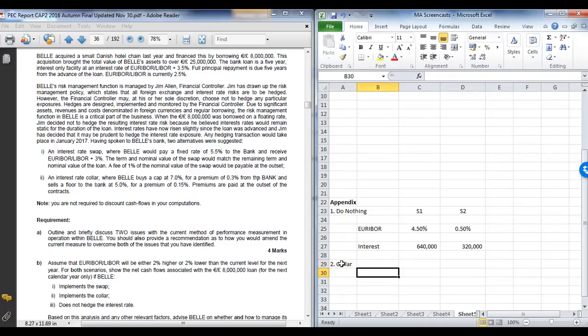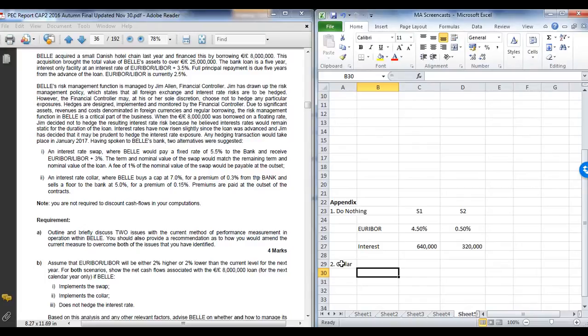So the interest rate collar, remember what a collar is. A collar is essentially a combination of a cap, which limits how far the interest rate can rise, and a floor, which limits how low the interest rate can go. So in this case, Bell will buy a cap, because a cap is valuable if you have a loan, because it caps what the interest rate will be, and they will sell a floor.